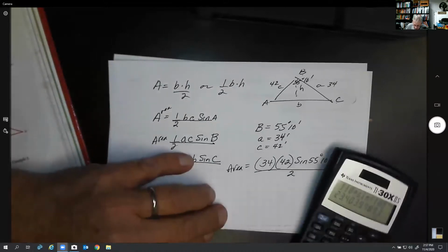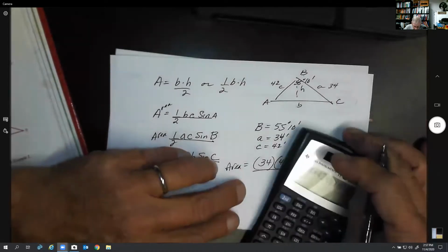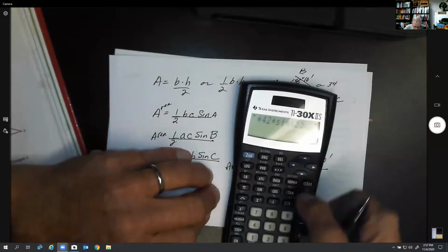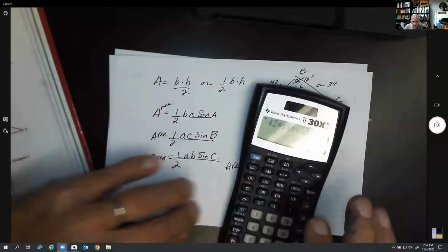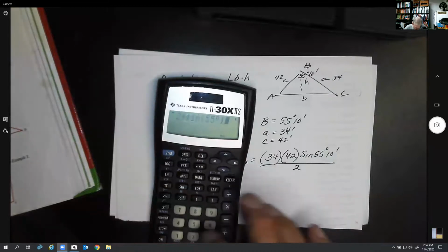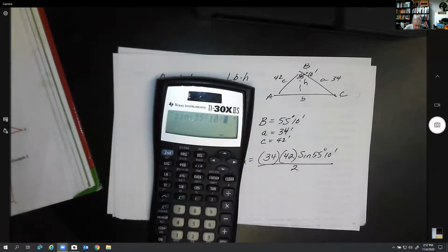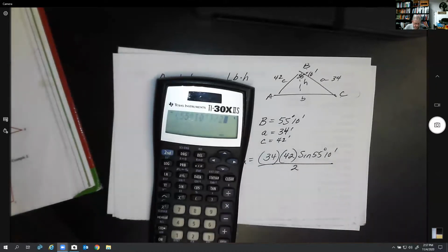So let's put it in our calculator. 34 times 42 times the sine of, now I'm going to use my angles. What was it, 55 degrees? 55 degrees, and I'm going to use 10 minutes, 10. I'm going to go to this key, slide over, minutes, parentheses. And then, because this is all times, I'm going to divide that whole mess by 2.